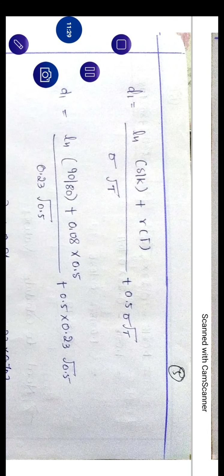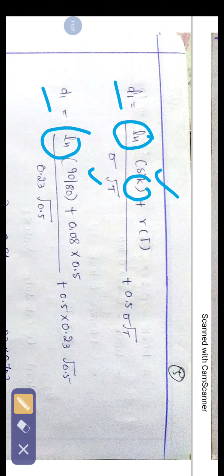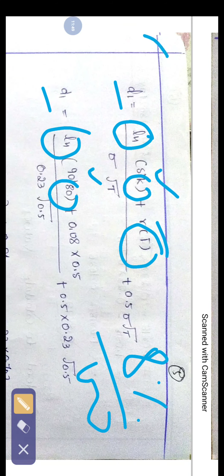So d1: ln, write this as it is. S means it is 90. K means the given strike price, rupees 80. R, they have given 8%, so 8 by 100 it is 0.08. T, they have given 6 months, so 6 by 12 means 0.5.